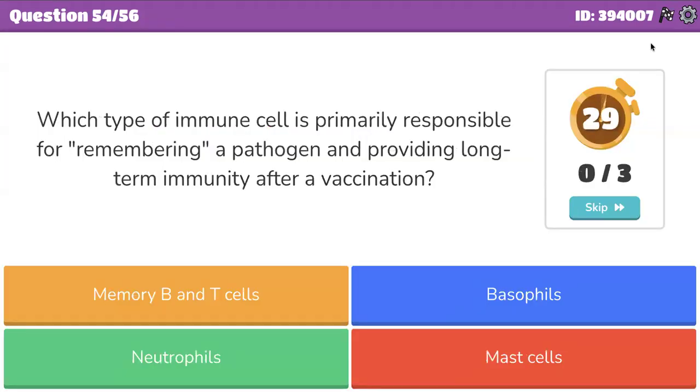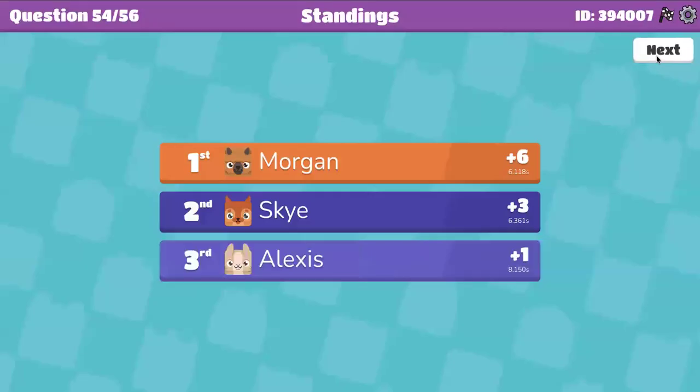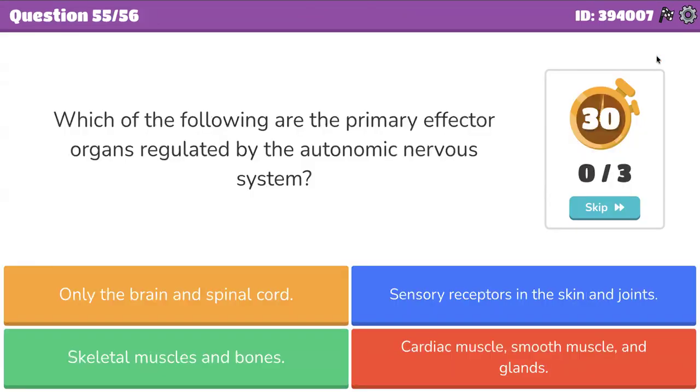Which type of immune cell is primarily responsible for remembering a pathogen and providing long-term immunity after a vaccination? Memory B and T cells. Which of the following are the primary effector organs regulated by the autonomic nervous system?